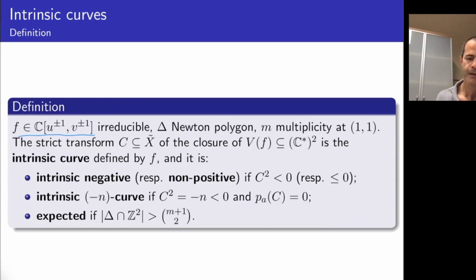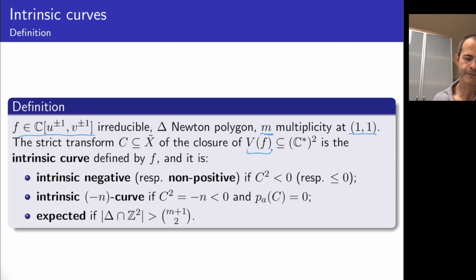We denote by m the multiplicity of this polynomial at the point (1,1). And now we can construct the toric surface and the ample class associated to this polygon delta.